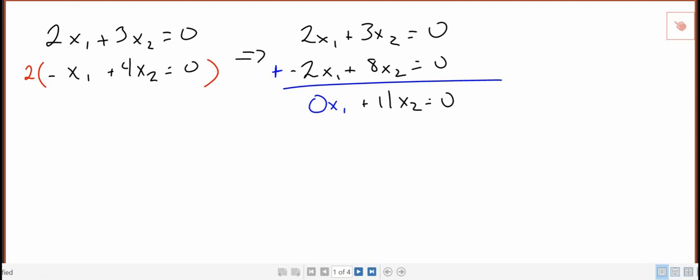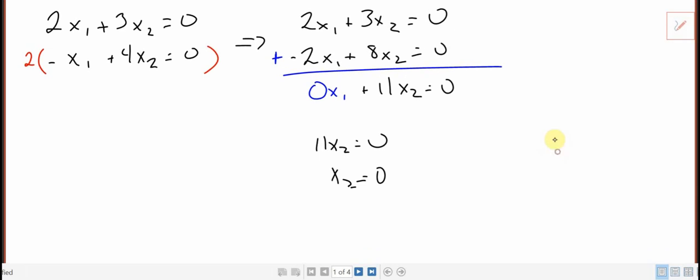And that gives me this nice simple equation, 11x2 equals 0, so x2 must be equal to 0. And then I can go back and substitute into either one of the original equations for x2 and find out what x1 is supposed to be. So I'm going to use the second equation.